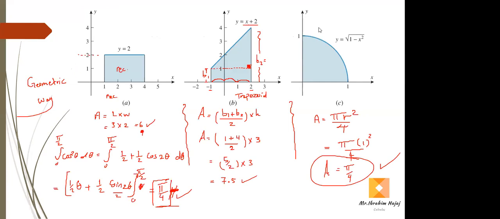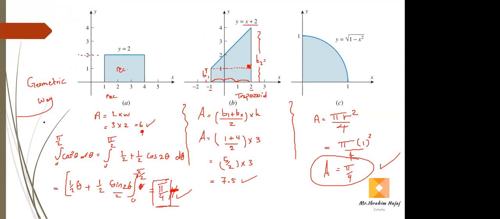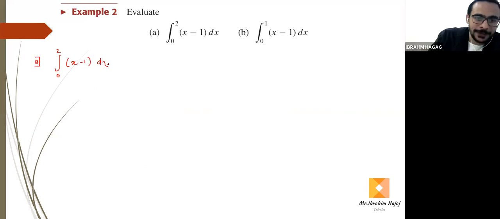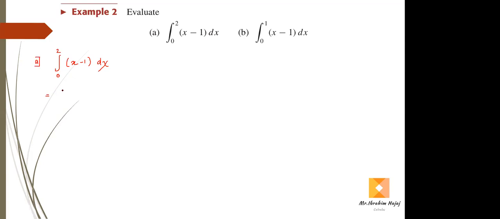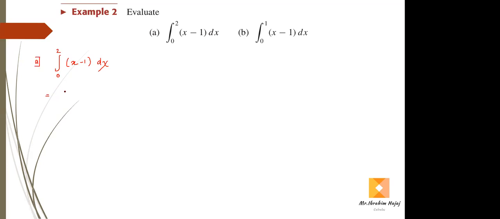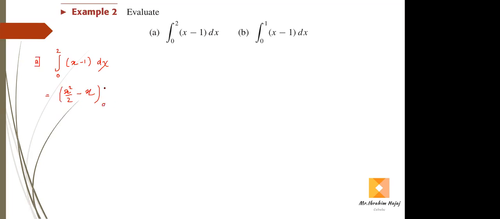Okay, so from 0 to 2, of x minus 1 dx. The integral of x: add 1 and divide by the new exponent, it becomes x squared over 2, minus the integral of 1, which is x, from 0 to 2.